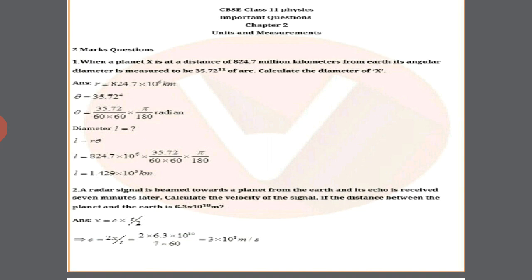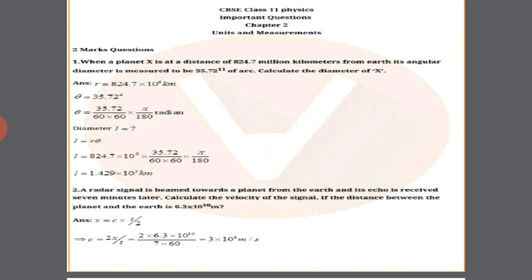To question number 2. A radar signal is beamed towards a planet from the Earth and its echo is received 7 minutes later. Calculate the velocity of the signal if the distance between the planet and the Earth is 6.3 into 10 to the power 10 meter. x is equal to c into t by 2.